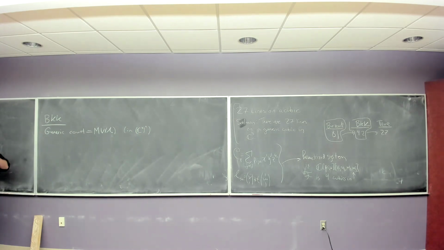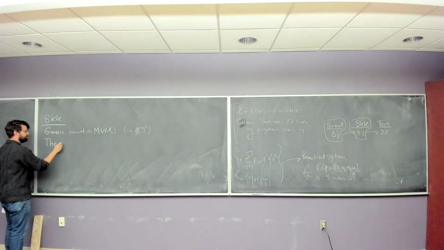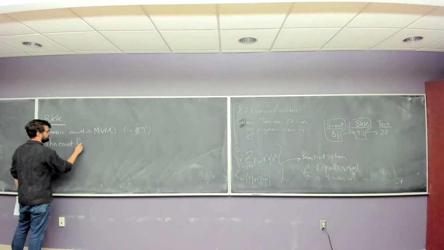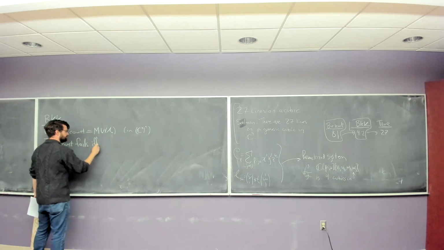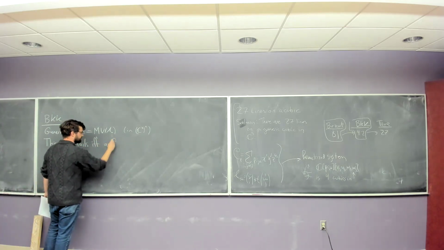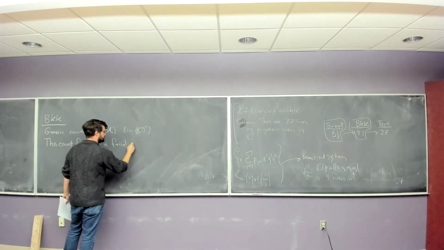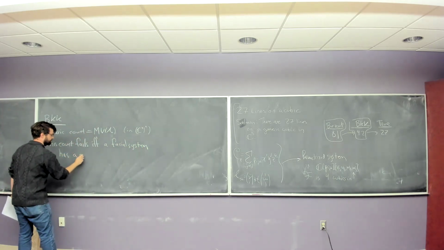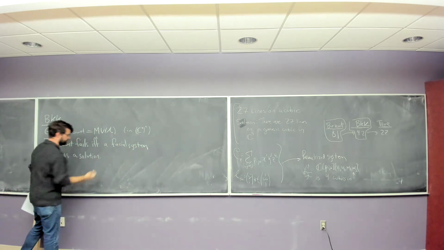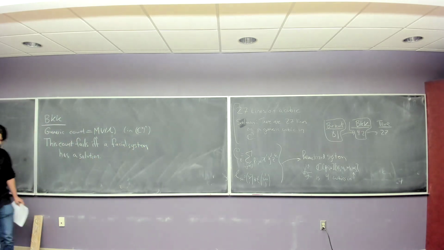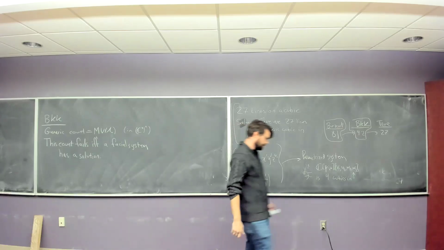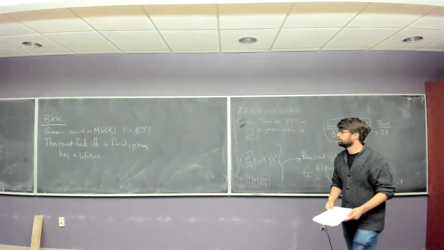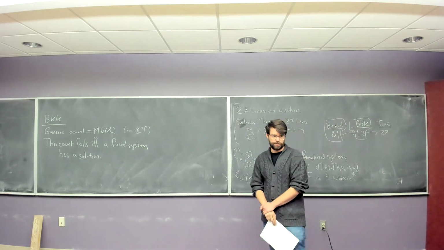The BKK theorem actually also identifies exactly when you're on the exceptional set. I'm not going to take class time to explain what this means, but I do encourage you to check it out.